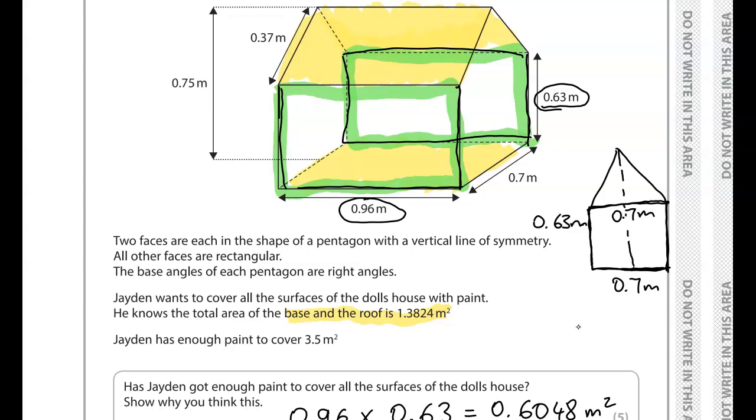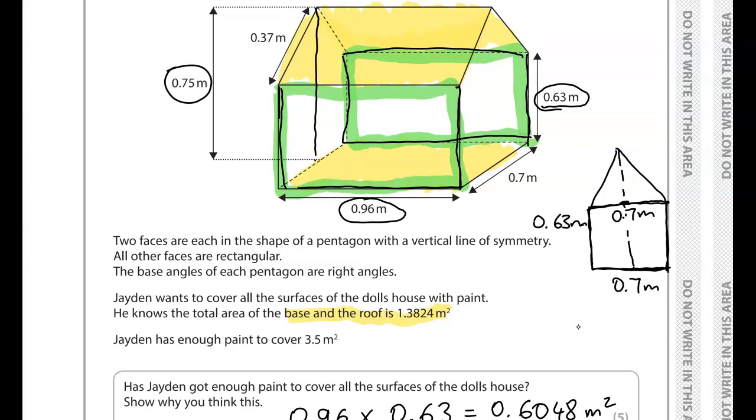And that vertical line of symmetry, from this point to this, is equal to 0.75 meters. So that's in total 0.75.